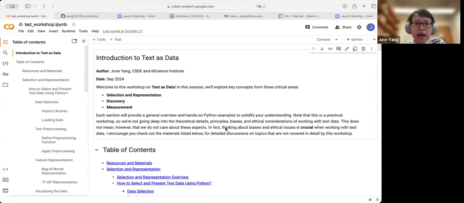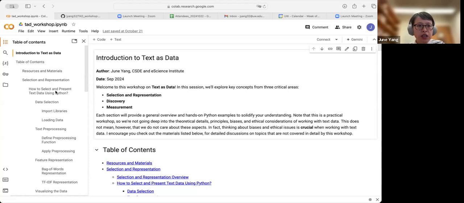I also want to mention that this tutorial is a really hands-on, really practical workshop. So we are not going to explain in detail the theories, the principles, biases, and ethical considerations behind each choice, but it doesn't mean that these are not important. In fact, thinking about biases and ethical issues is crucial when we are working with text data.